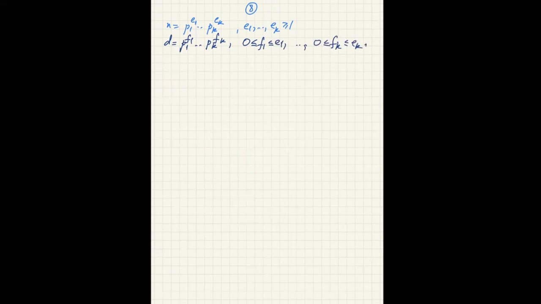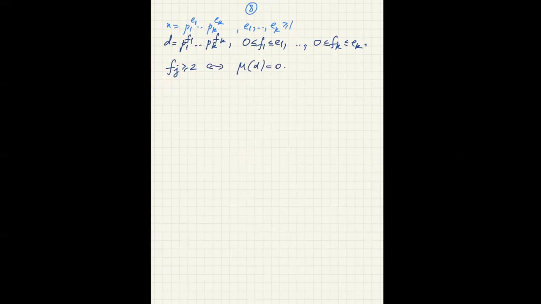So as before, we have our n, p1^e1 ... pk^ek. These ek's are all greater or equal to 1. And we have our d, which is p1^f1 ... pk^fk. And here, maybe write it this way, f1 is between 0 and e1, and fk is between 0 and ek. Okay. Now, from the definition of the Mobius function, whenever we have one of these fj greater or equal to 2, that's going to give us that mu d is 0.